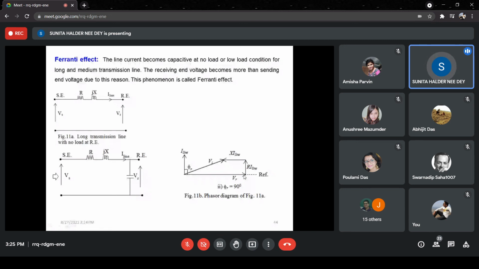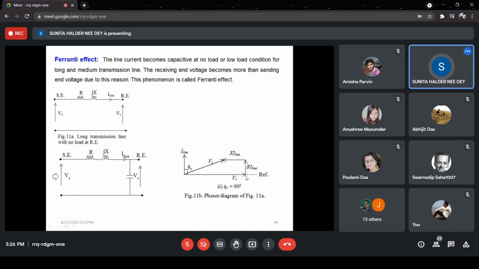So what will happen actually? Say you have set a voltage equal to 135 kV to receive a voltage of 132 kV at the receiving end, at a particular load of 25 megawatt. Somehow the load has been reduced to 0 or to 1 megawatt. Then it may happen that the receiving end current is so low compared to the capacitive current flowing in the line that the net effective current becomes capacitive.